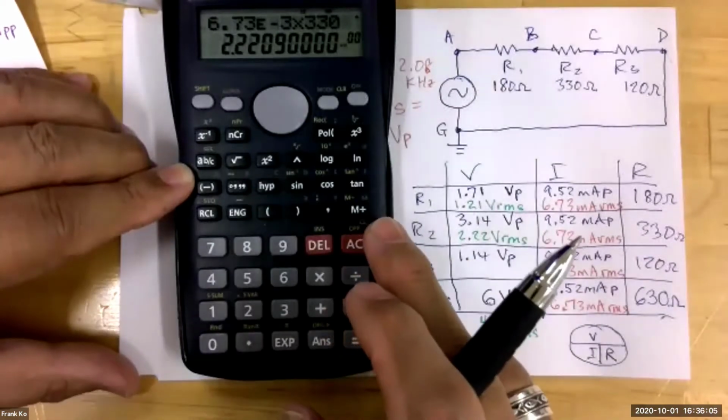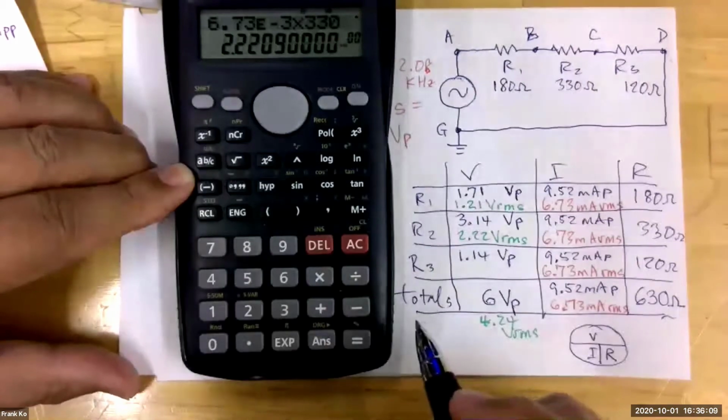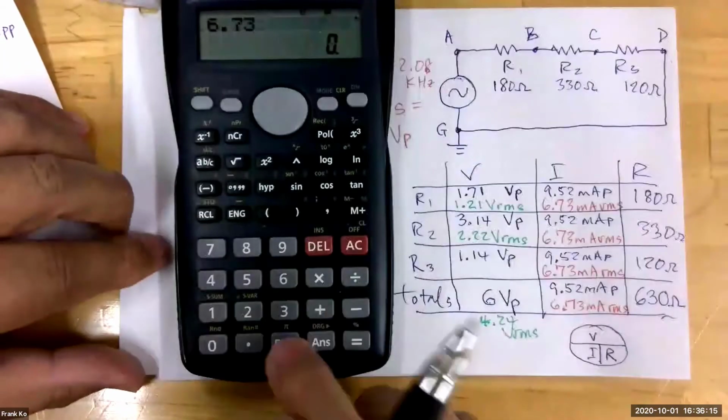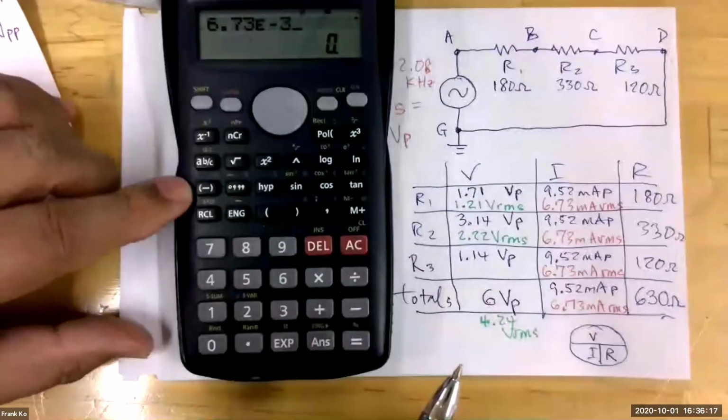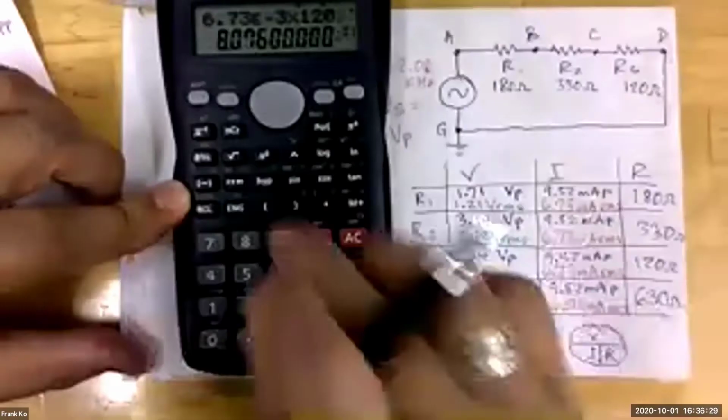Could you go ahead and do that one for us, please, Jacqueline? Yes. So 6.73 exponent -3 times 120. And what do you calculate as a result? 807.6 microvolts.